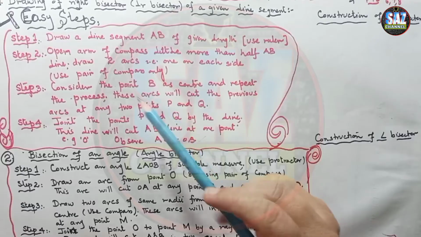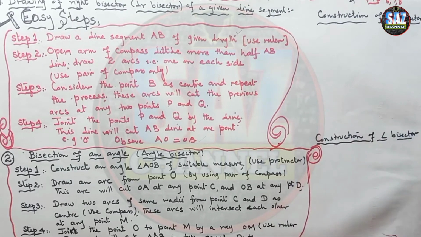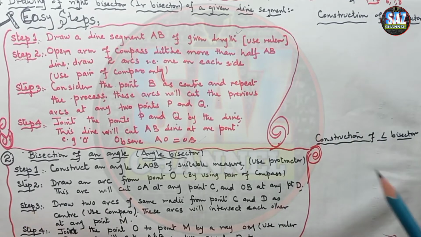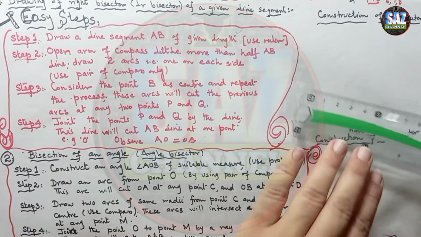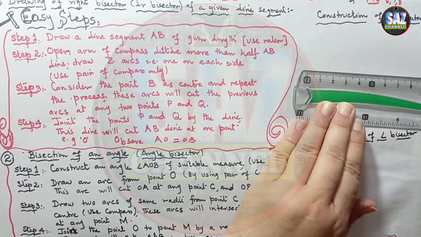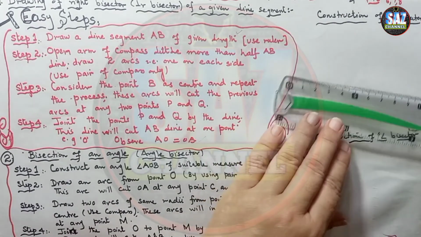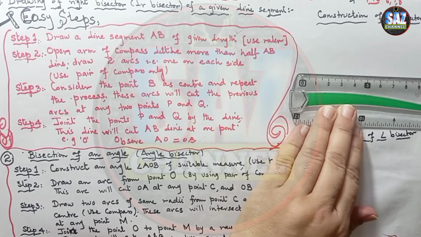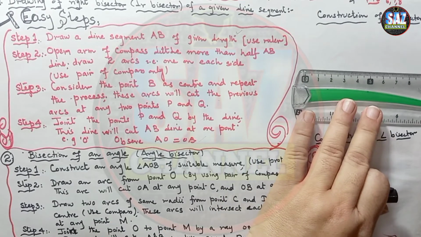So step 1 is that we have to draw the line segment AB of the given length. Okay, suppose the length of the line segment given to us is 5 centimeter. So we have to draw the line segment 5 centimeter with the help of ruler, or 6 centimeter, whatever is the length given in the question.